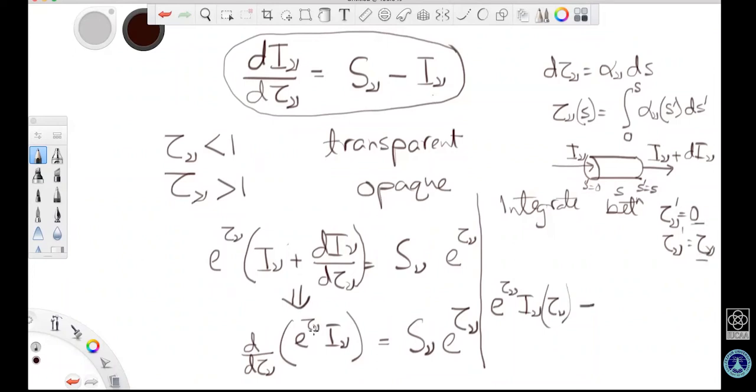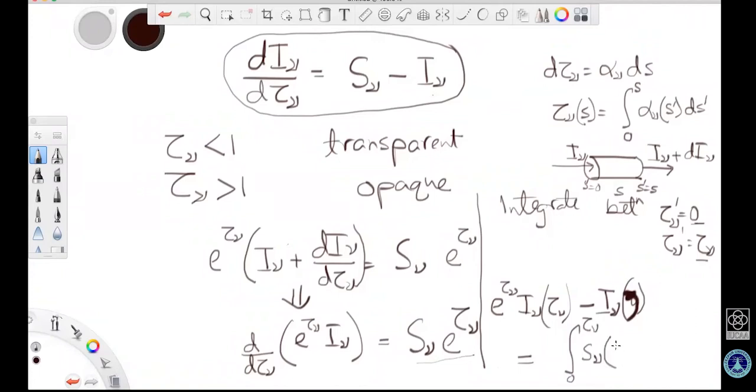This term will give me e to the power 0, which is 1, and I'll have I nu at 0. And on the right hand side, I will have an integral of tau nu S nu. This is S nu. So I'm basically integrating this.